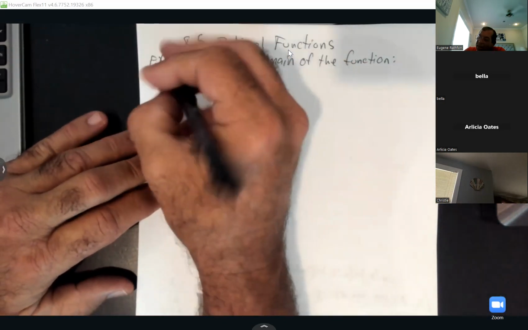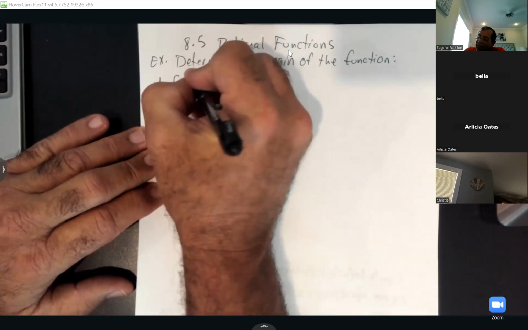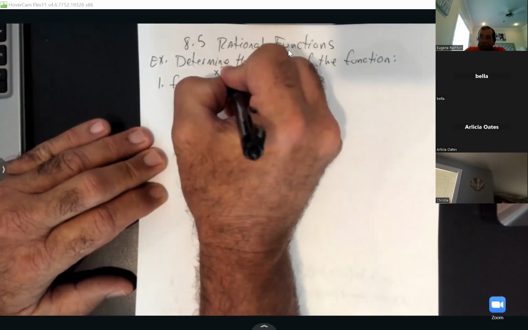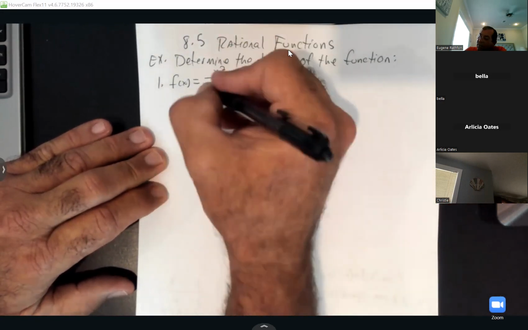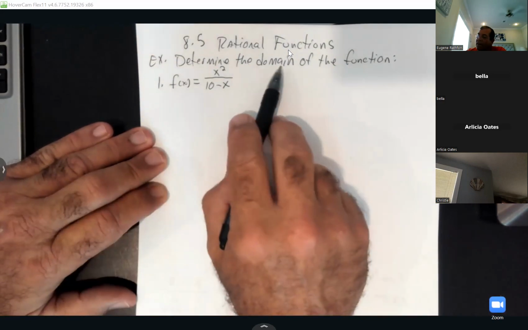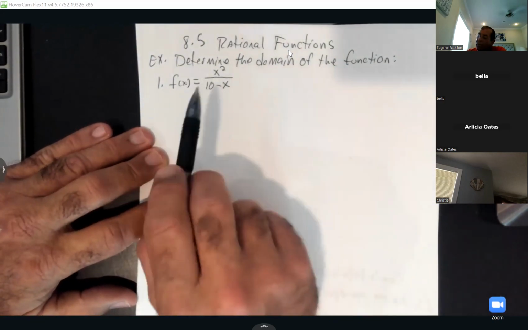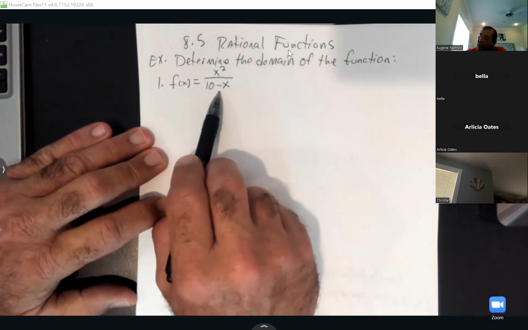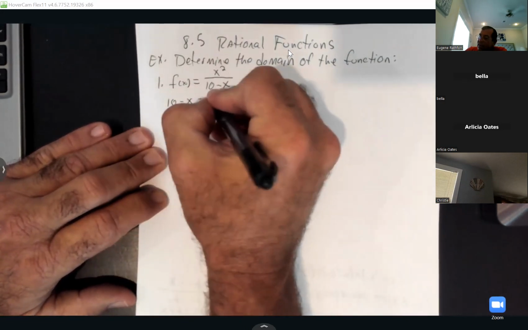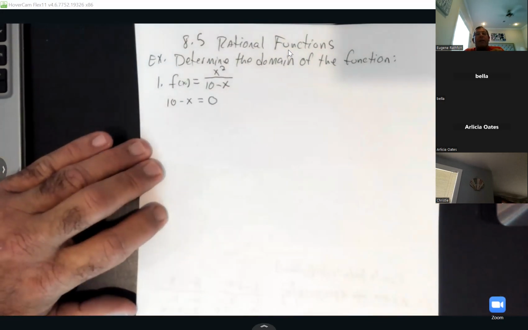Number 1 has f of x equals x squared over 10 minus x. We're finding the domain. When we're looking at the domain of a fraction, we take the bottom of that fraction, 10 minus x, and set it equal to 0.